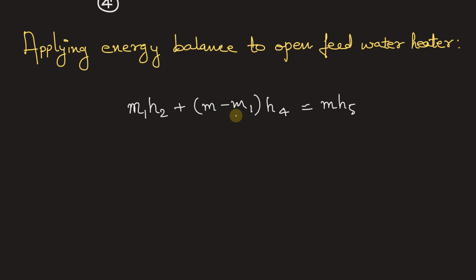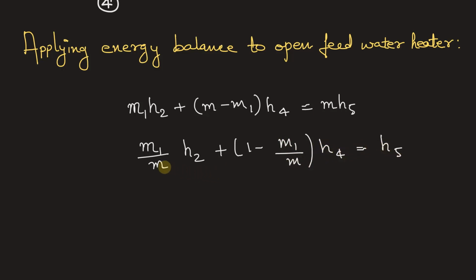If we divide by M throughout this equation, we will get M1 by M into H2 plus 1 minus M1 by M into H4 is equal to H5. Now according to the question, we need to find M1 by M in percentage. So just for the sake of calculation, let's say M1 by M is alpha.